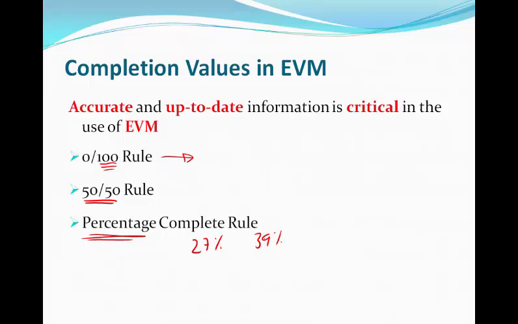The trick here is, each organization would have their guidelines on which rules they would want to use, and depending on the activity, if it's a short activity, if the activity takes a day or less than a day, you probably want to use the 0 to 100 rule.